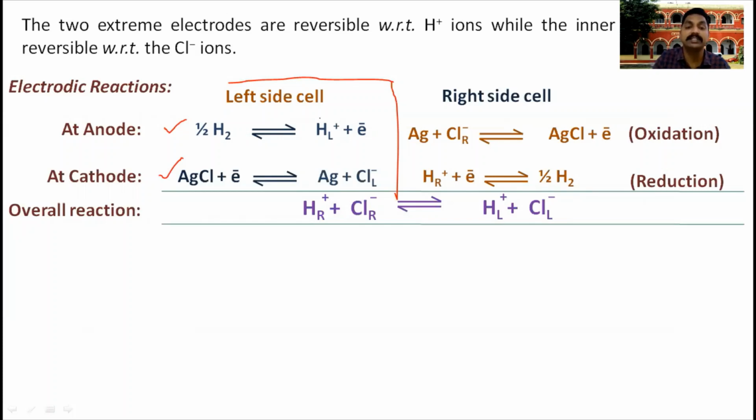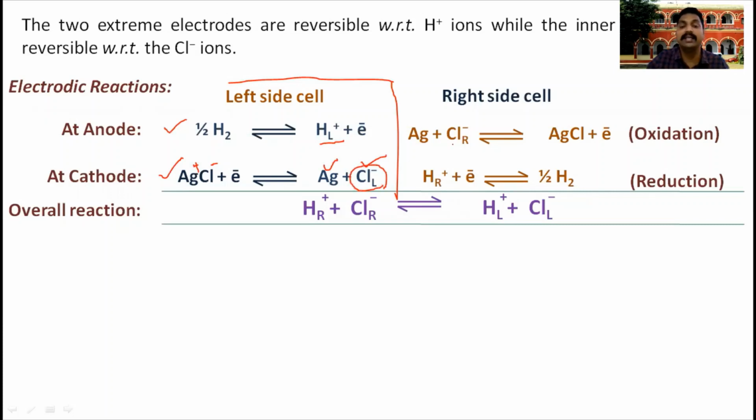Here the concentration of H plus ion is represented by H plus left hand side, which means left hand side cell. Left hand side cathode, if you see, at cathode reduction takes place. Thus AgCl is being reduced to Ag and produce chloride ion. So this is left hand side cell. That is why we are writing Cl minus on left hand side.